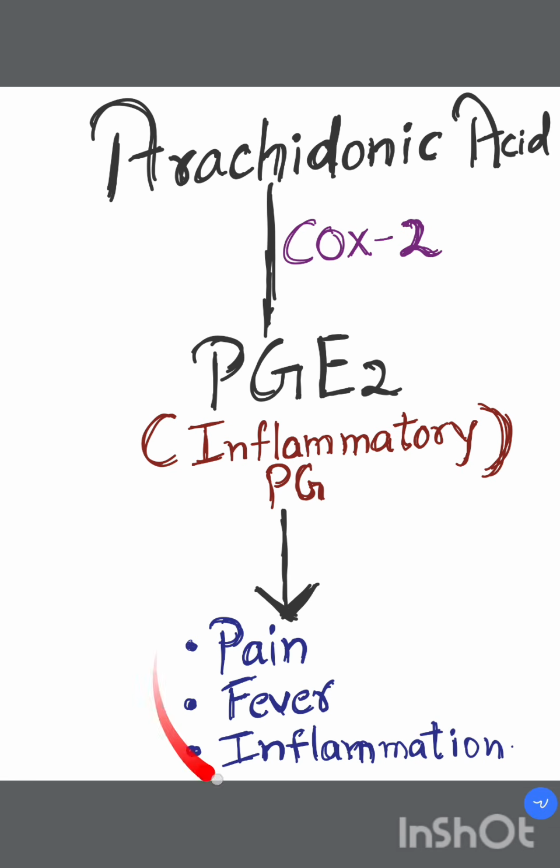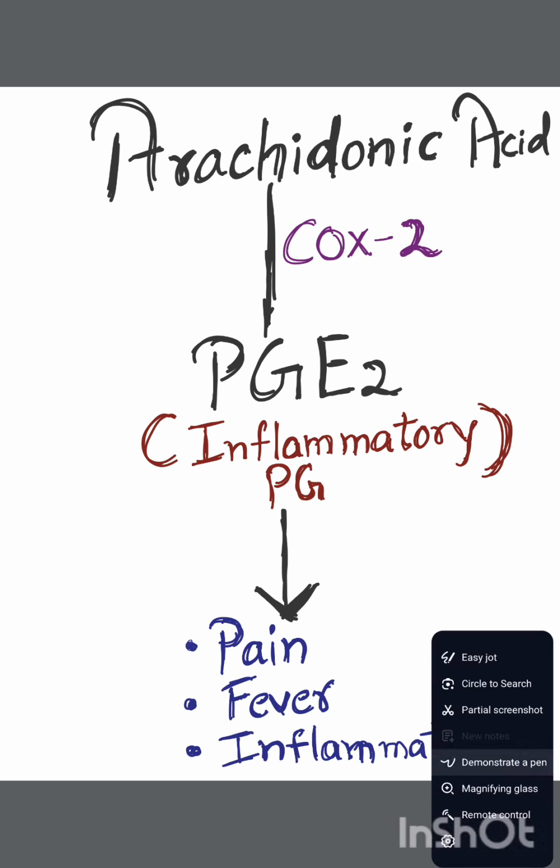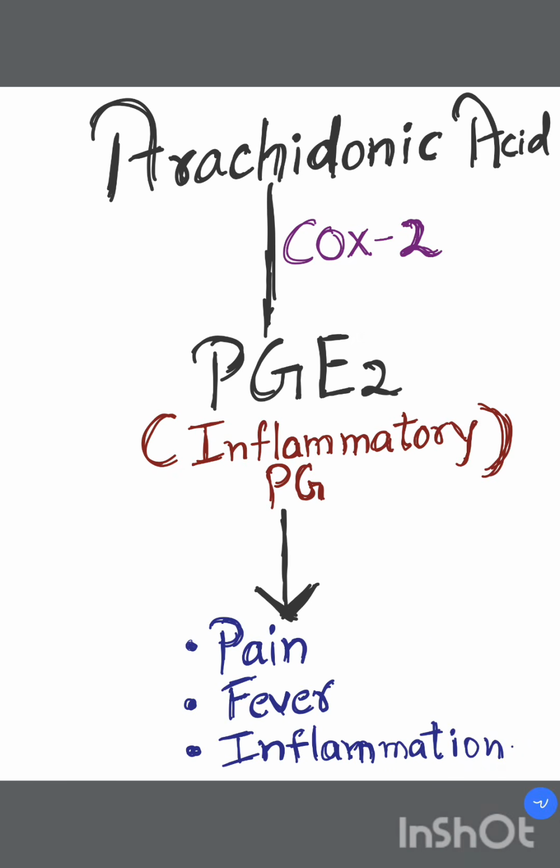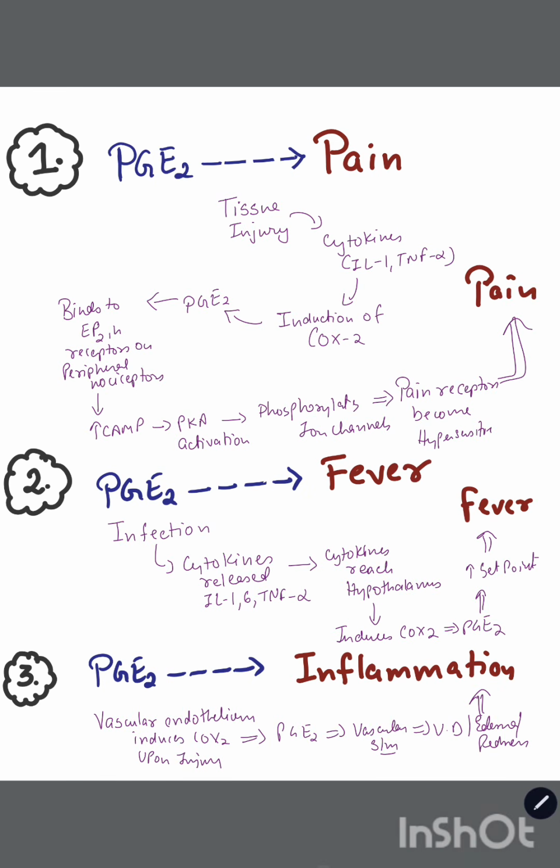It leads to pain, fever, and inflammation. So whenever there is pain or fever or inflammation, this is the prostaglandin which is to be blamed. Okay. So these are the three mechanisms by which prostaglandin E2 leads to pain, fever, and inflammation. We'll see one of them.